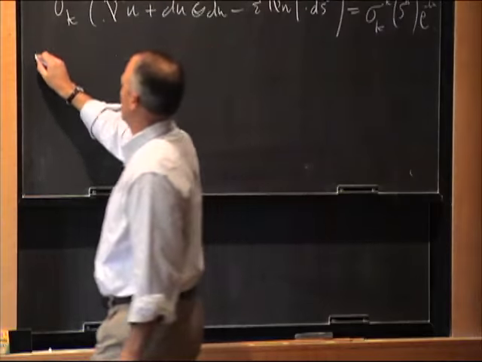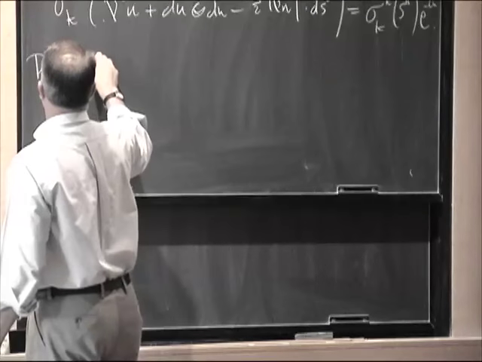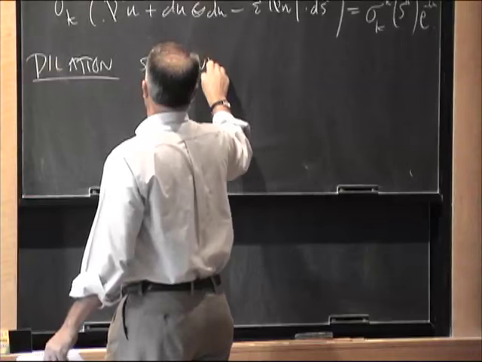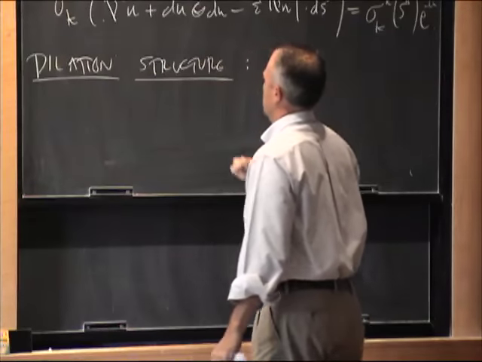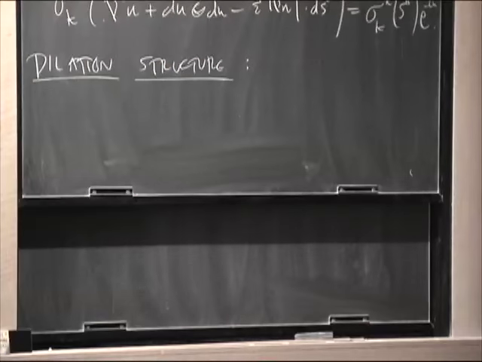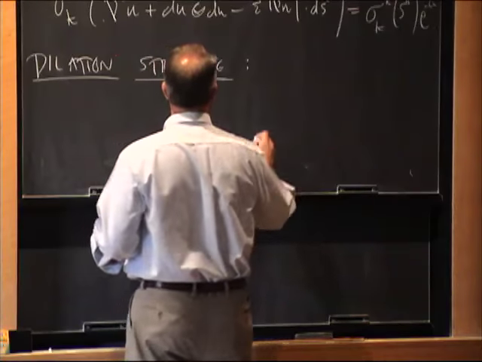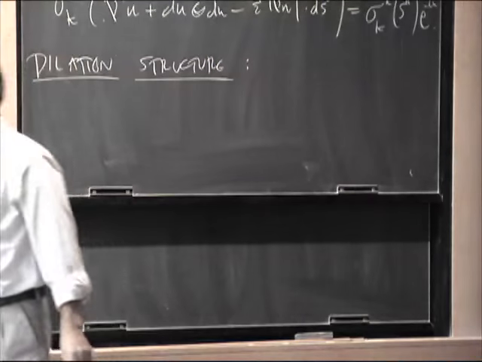Okay, so let's write down what the dilation structure is. I've already indicated that's exactly what you use in order to write down this family here. But let me state it a little more concretely. You begin with this solution u.